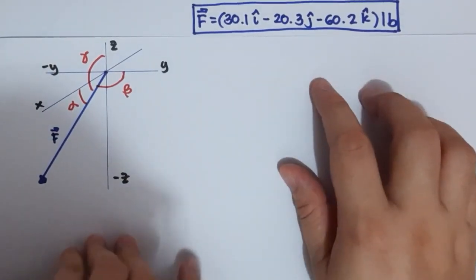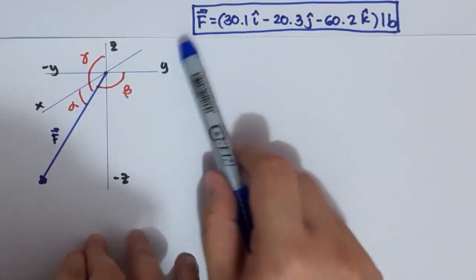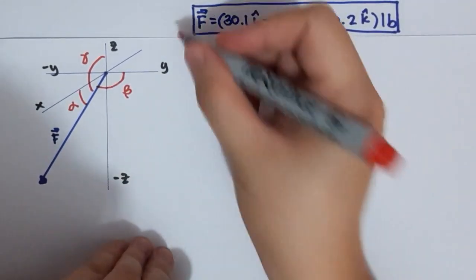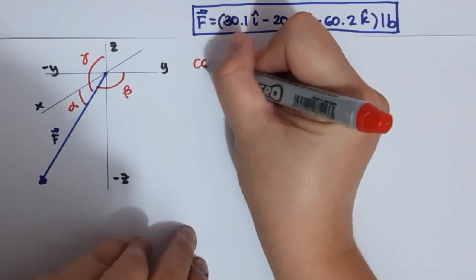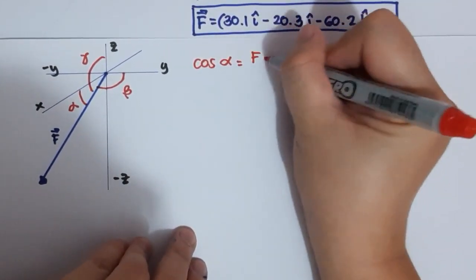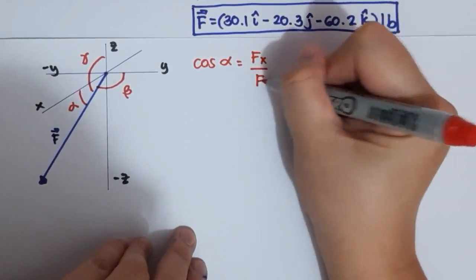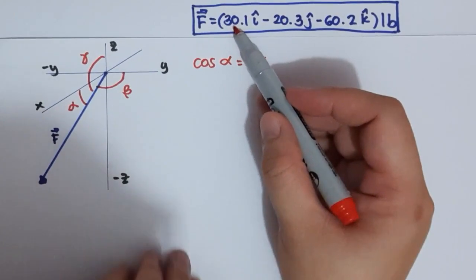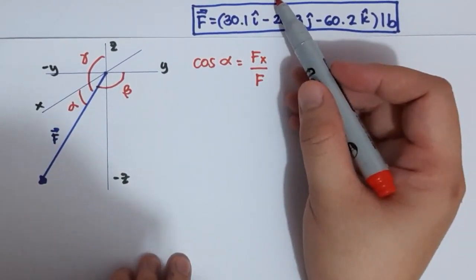To solve the direction angles, we will use the force we have computed a while ago. So cosine alpha is equal to fx over f. And we know fx is 30.1 and the magnitude is f.